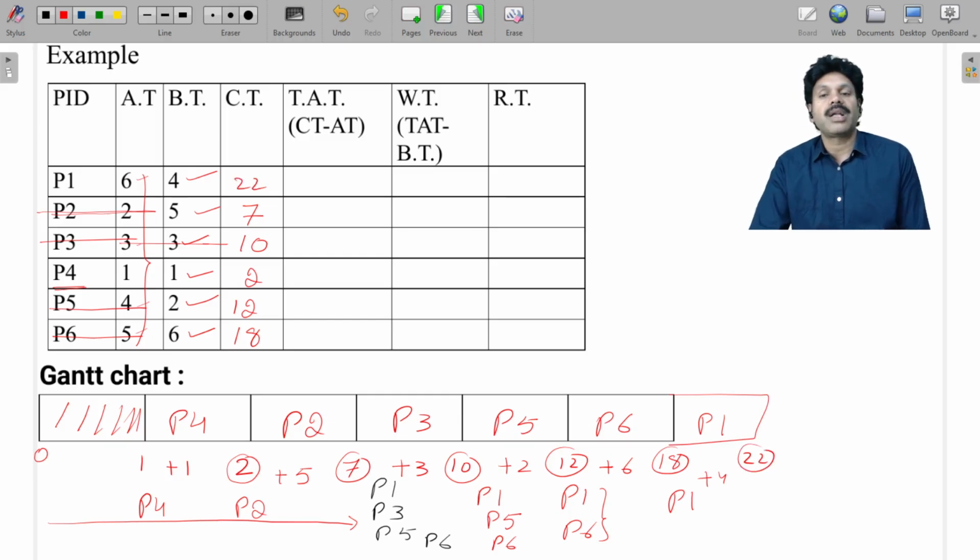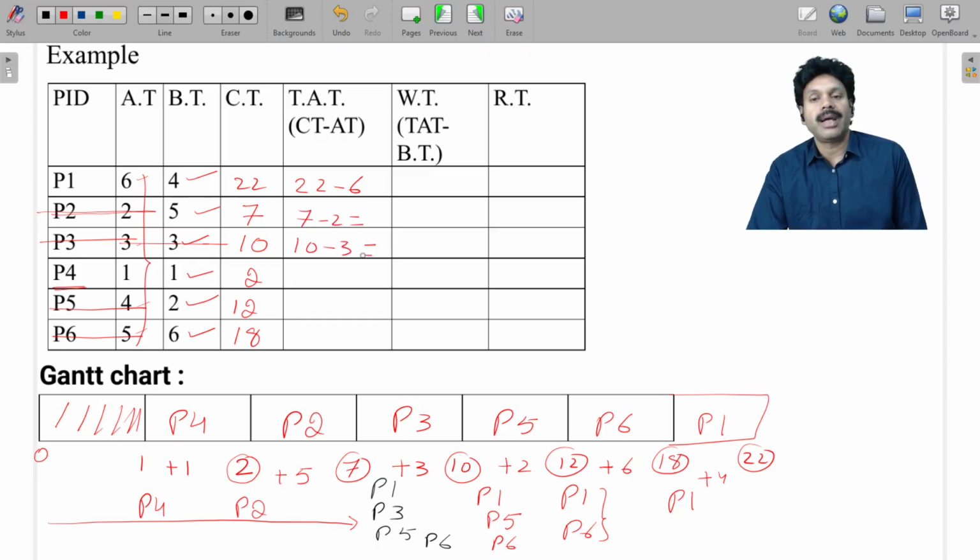That's it. Now turnaround time is the exit time minus the entry time. So 22 minus 6, 7 minus 2, 10 minus 3, 2 minus 1, 12 minus 4, and 18 minus 5. That's it. This is 16, this is 5, this is 7, this is 1, this is 8, and 18 minus 5 is 13.